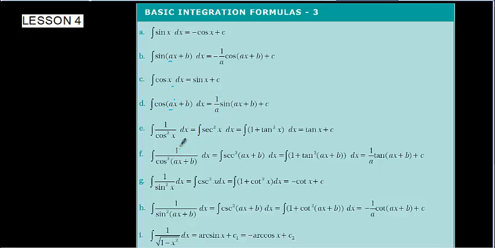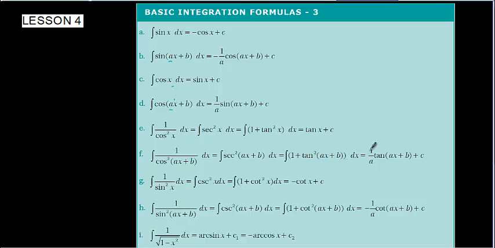1 over cosine square is equal to secant square, and that's equal to 1 plus tangent square. If you remember, the derivative of tangent x was equal to 1 plus tangent square. So the integral of 1 plus tangent square must be tangent. What about ax plus b, tangent square ax plus b?